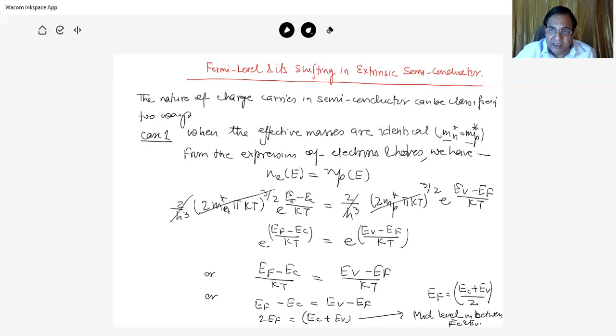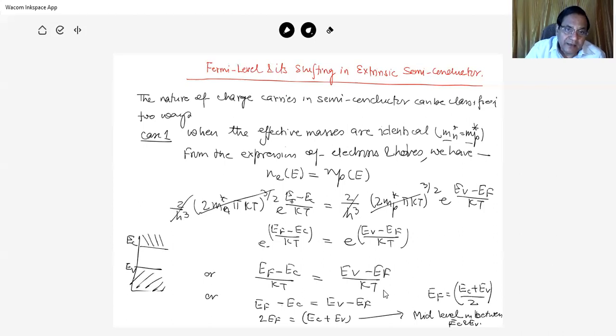So in the first case, the Fermi energy is in between EC and EV. If this is EV and here it is EC, this is the valence band and here it is the conduction band.